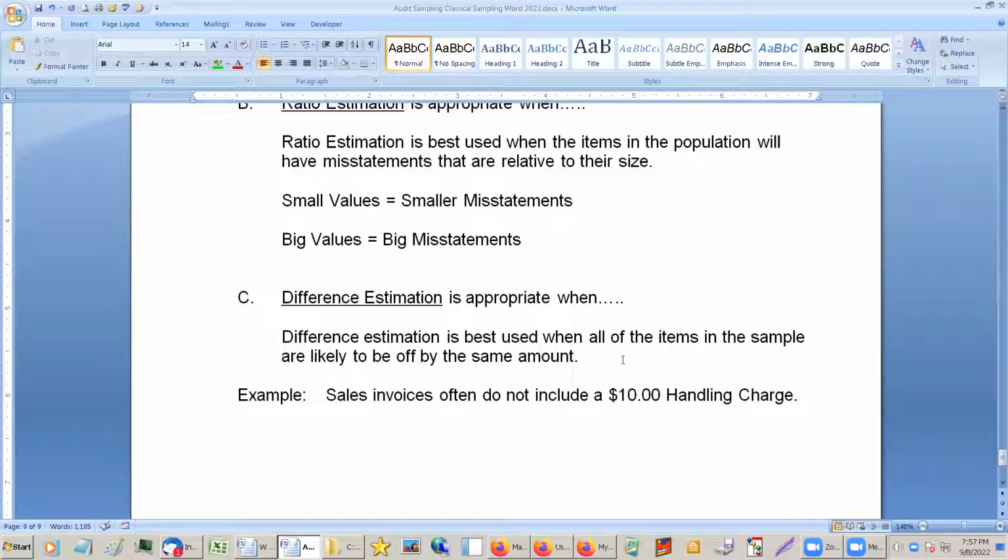So if it's a $50,000 order and there's an error, it's probably going to be the handling charge. If there's a $50 account and it's off, it's most likely going to be the handling charge. So if all the accounts are off by the same amount, this is a good one to use.